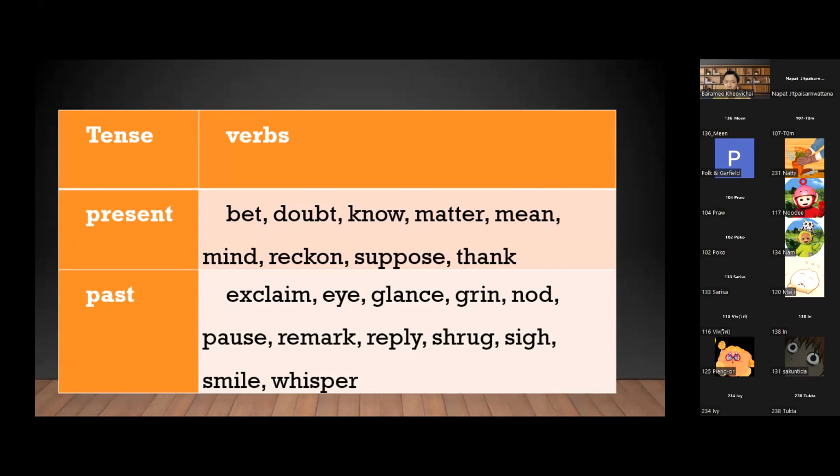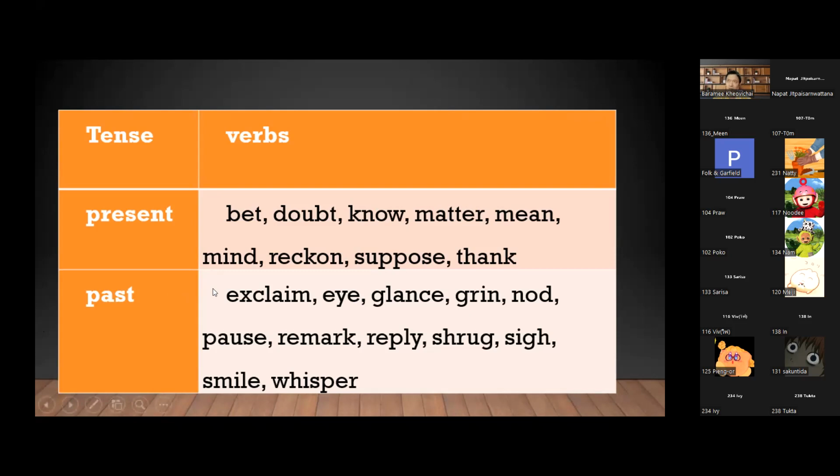So there are some clear differences between them, because for the present tense, you tend to use words related to thought. It tends to express thought and opinion, right? But for the past tense, they tend to be related to action or speech.